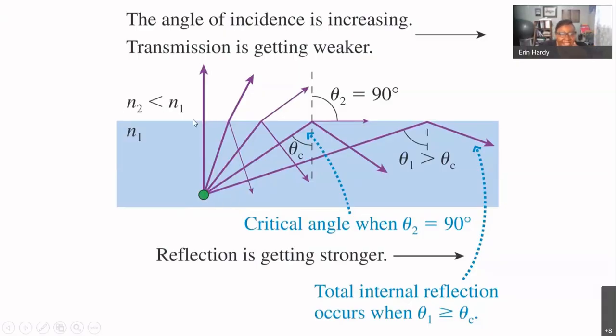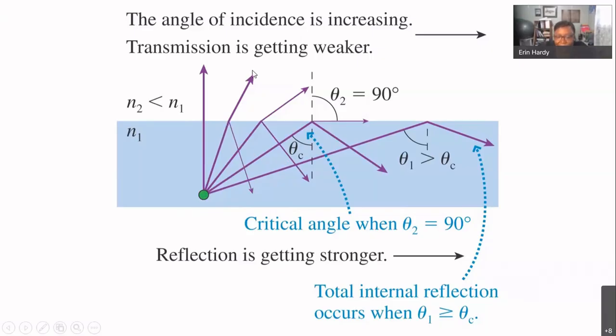For a light ray that is incident on this boundary with a 0-degree angle with the normal, all of it is going to transmit. It's all going to pass through. It's not going to bend at all. Then as you work your way toward the left, as these angles of incidence are getting larger in magnitude, part of the light ray is going to reflect back through the material that makes up N1.